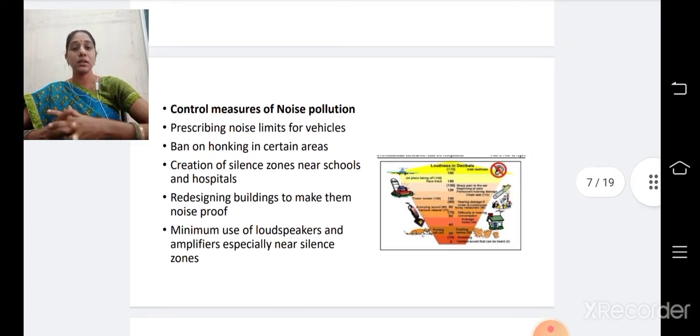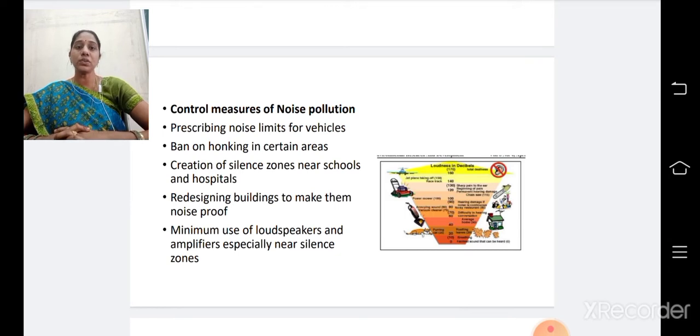Noise pollution. We can measure sound in decibels. Because of vehicles we are getting so much noise pollution. So there should be a ban on honking in certain areas, because in school zones or hospital zones they create a lot of disturbance.